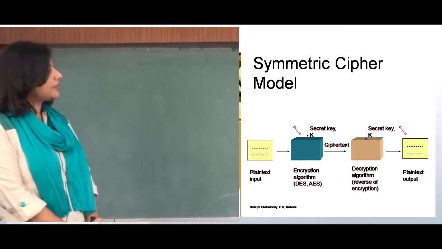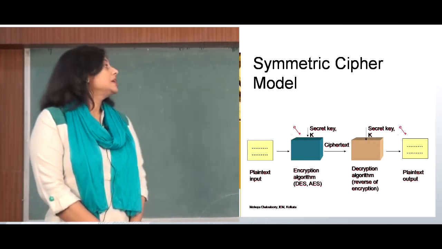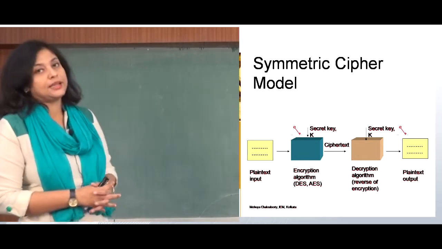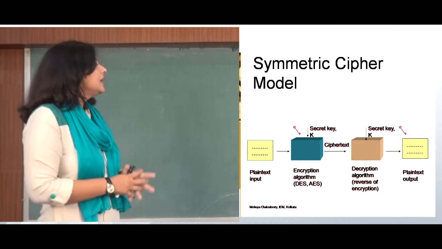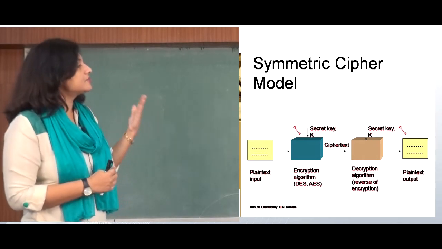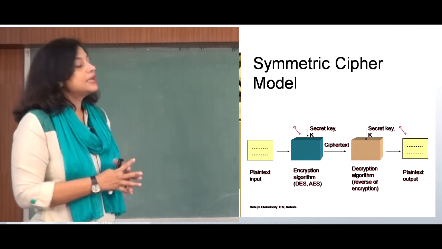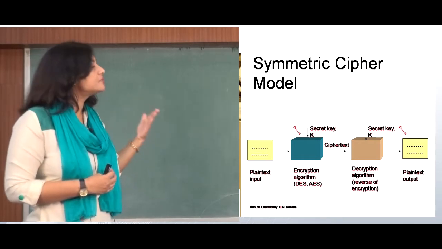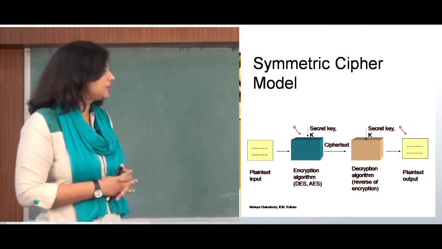This is the block diagram representation of the symmetric cipher model. As before, we have the plain text over here at the extreme left hand corner. The plain text gets transformed to the ciphertext with the help of the secret key K, as well as the encryption algorithm. Various forms of encryption algorithms are possible.